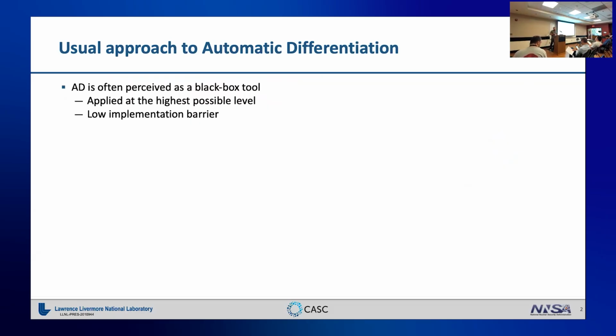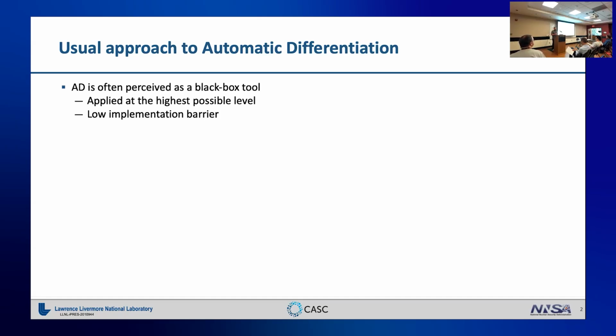So you have your tool set that you apply, either as source code transformation, or as a dual number type to the whole code and the whole application at the highest possible level. So this would be tools like JAX or PyTorch, or all the different C and C++ tools that are available.